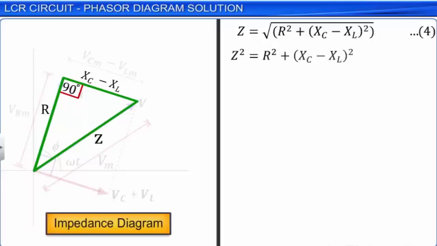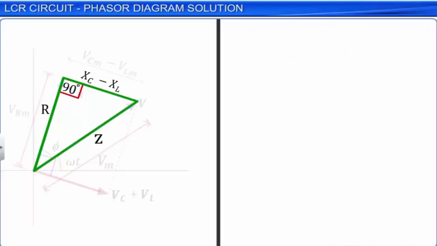In an LCR series AC circuit, the phase difference phi existing between the voltage and the current can be determined by using the impedance diagram. In the impedance diagram, the hypotenuse gives the impedance Z. Here, we observe that tan phi is equal to (Xc minus XL) by R. Let this be equation 5.